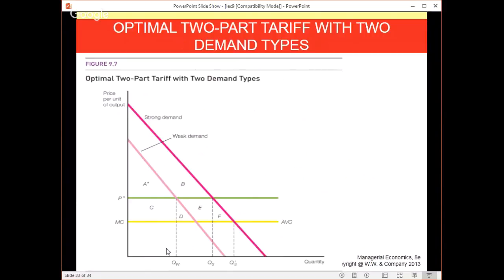Triangle, right? The user fee is equal to marginal cost, and this whole area is the consumer surplus, A, B, C, D, E. And that's when the strong demand is much stronger than the weak demand.